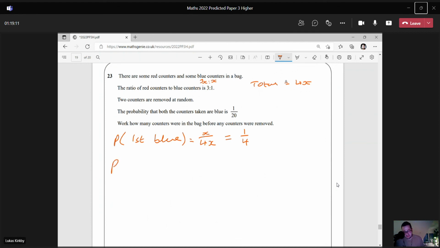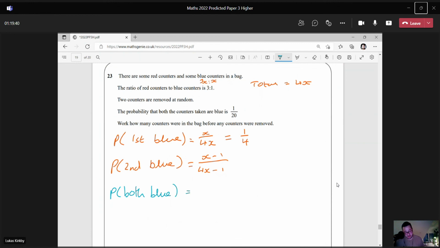Now the probability that the second counter is blue, given that the first one is also blue. How many blue ones have we got left? Well, it's going to be x minus 1, divided by how many we have altogether, which is 4x minus 1, because we've taken 1 out. So the probability that both are blue, we're going to times these together.